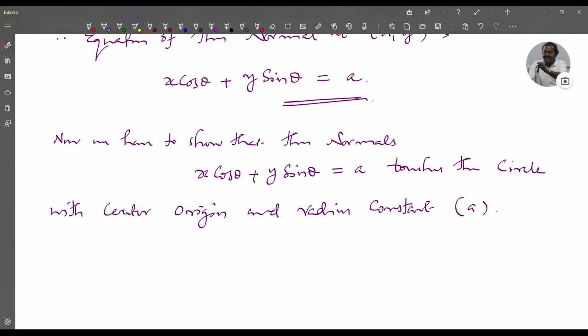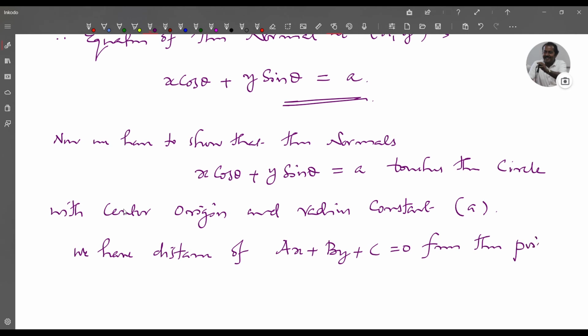We have the distance of ax plus by plus c equal to 0 from the point (x', y') is modulus of ax' plus by' plus c divided by root of a square plus b square.